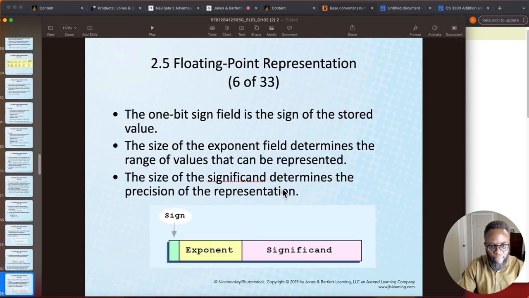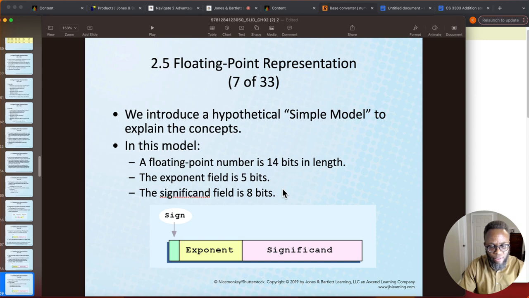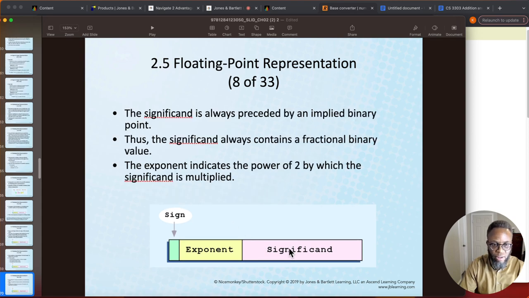Let's see, that's another example. In the textbook, the floating point number is 14 bits in length: the sign bit is 1 bit, we reserve 5 bits for the exponent, and 8 bits for the significand.